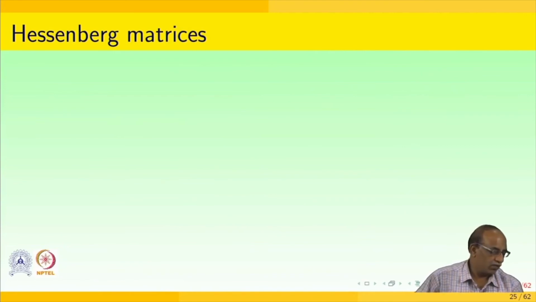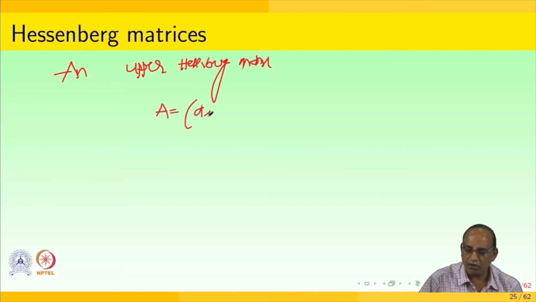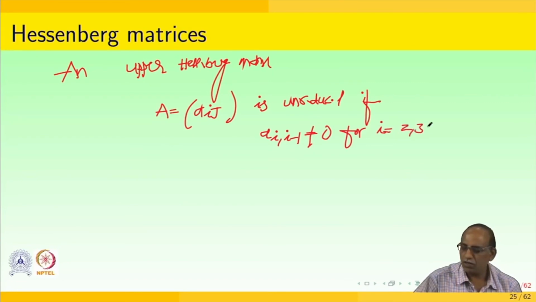An upper Heisenberg matrix A equal to Aij is unreduced if A i, i minus 1 is not equal to 0 for i equal to 2, 3 up to n.